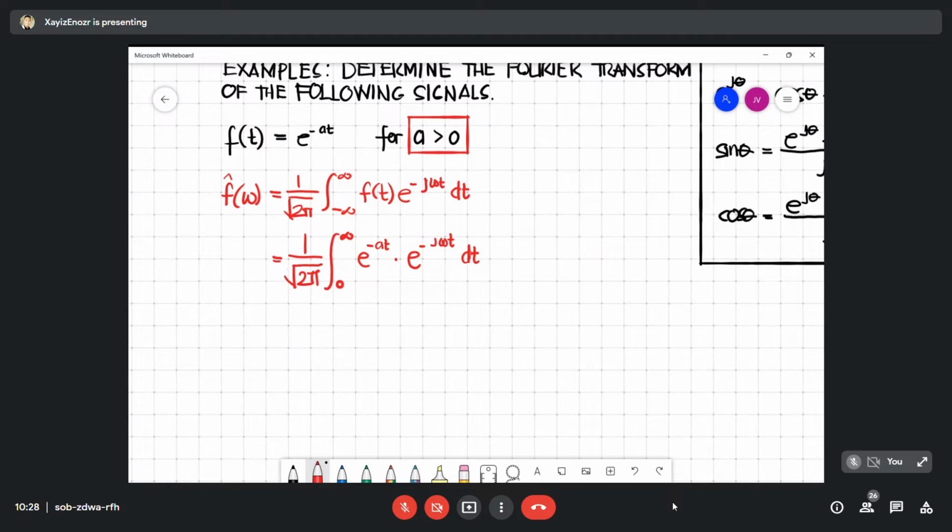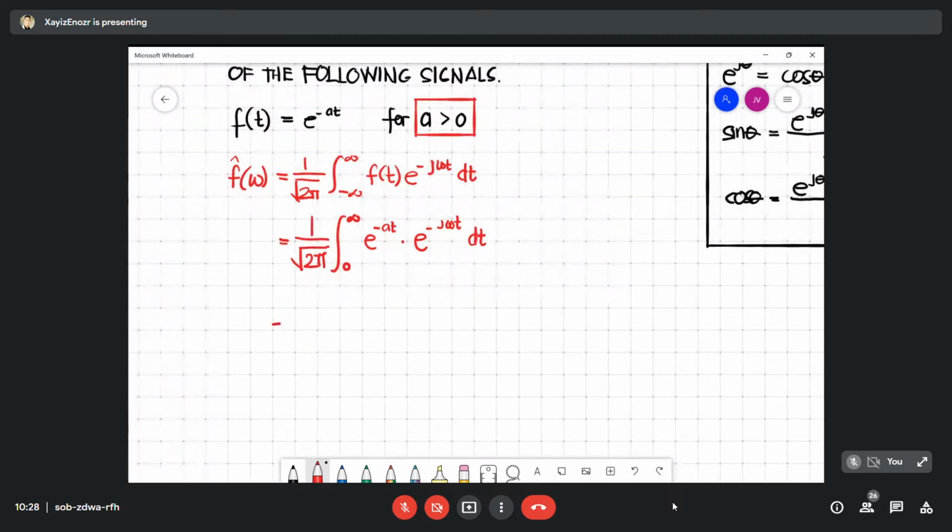Okay, so what's next? So next dito, okay. So we're going to simplify yung ating integral. So we have e negative at multiplied by e raised to negative j omega t. So kung natatandaan nyo sa rules ng exponents, okay, pag meron tayong the same base, anong gagawin?